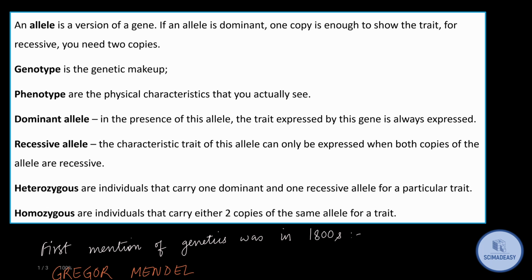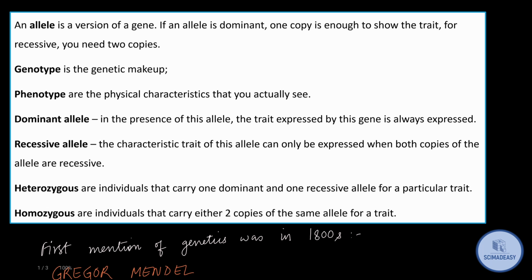A dominant allele is the one which, when present, the trait expressed by this gene is always expressed. On the other hand, a recessive allele is the one that can only be expressed when both copies of the allele are recessive. There are two types of individuals.